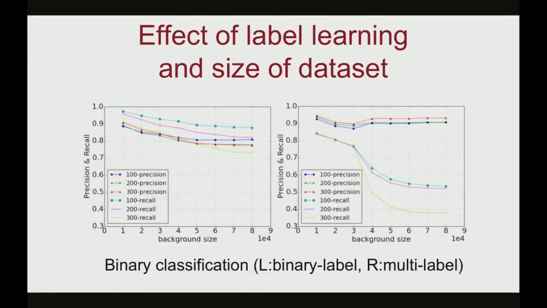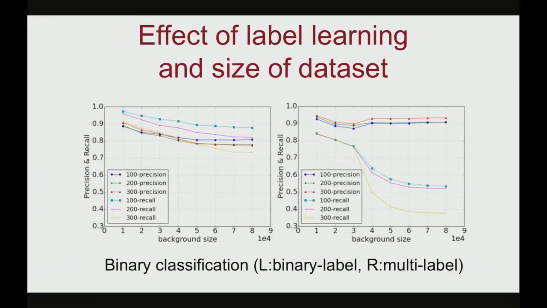For the binary classification, with increasing size of the background as well as the monitor data set, both metrics, precision and recall, decrease. Also, we use different label learning. The left side figure is the binary label learning, and the right side is the multi-label learning. We found that the precision becomes better with multi-label learning.